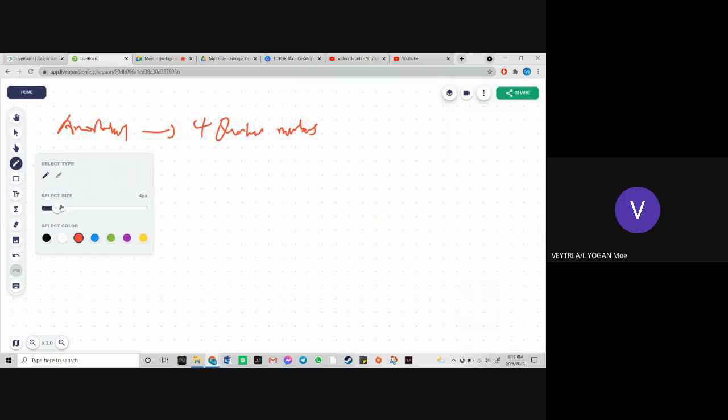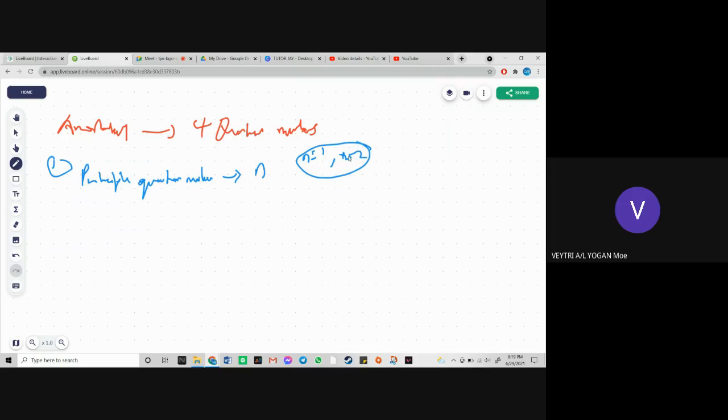Number 1, we are going to be learning on principal quantum number. Principal quantum number is denoted as n, small letter n. Before, you have learned n equals to 1, n equals to 2, those are the shells, right? It's almost the same over here.